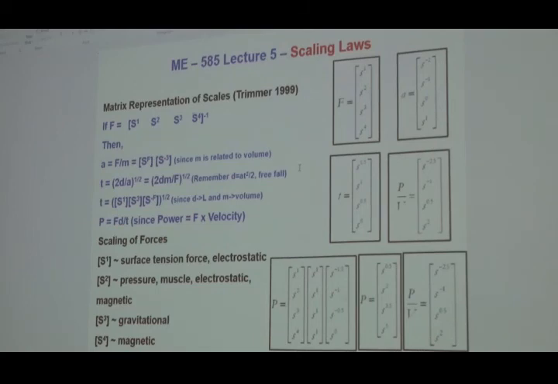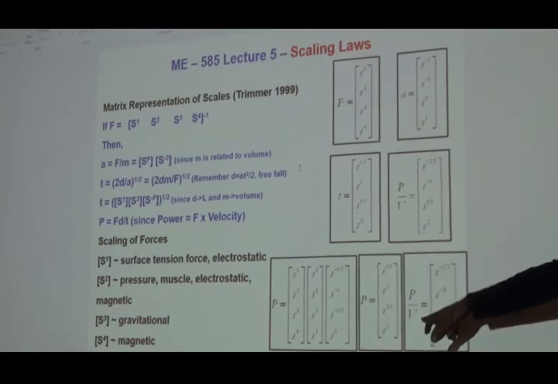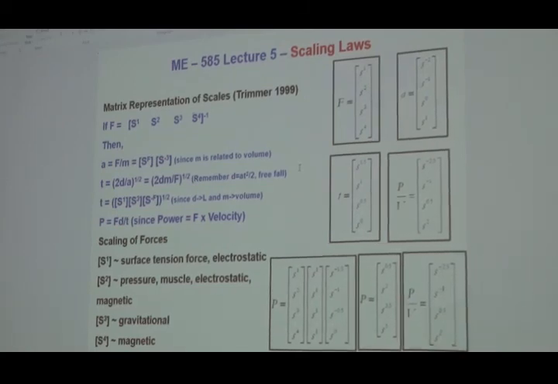Now, the power density actually scales with S to the power minus 2.5. So the power density is going to scale in that negative fashion. Minus 2.5. Does that make sense? I'll try it again.